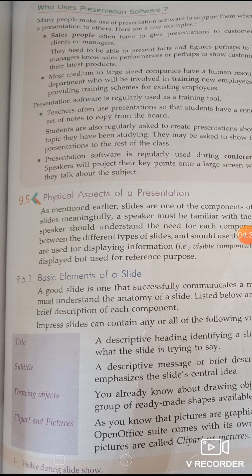There are different categories for which certain clip arts are already stored in Impress, so you can insert them directly from the library. You do not need to search for them. And for pictures, if you have any picture in your system or in your mobile phone, you can insert those pictures also.